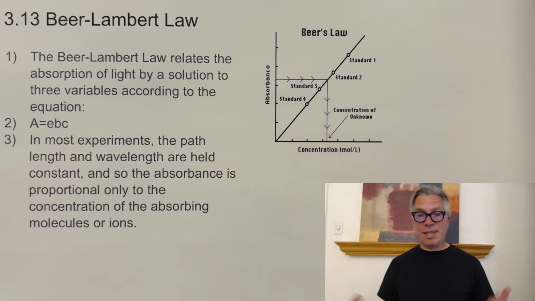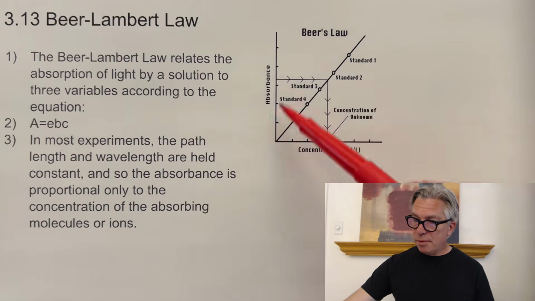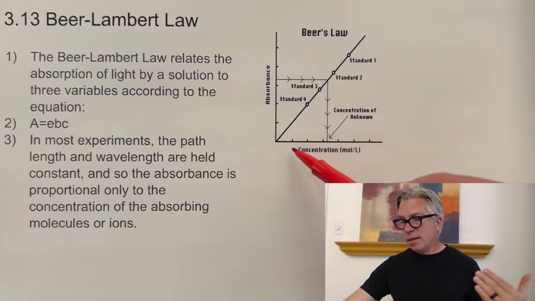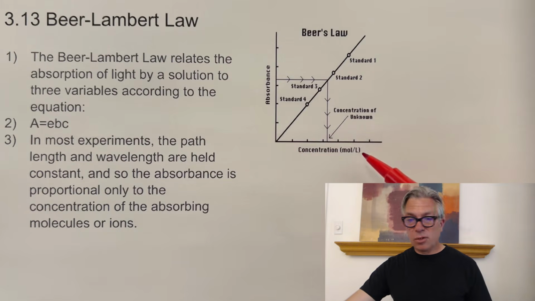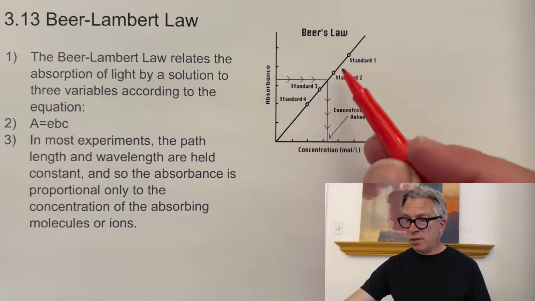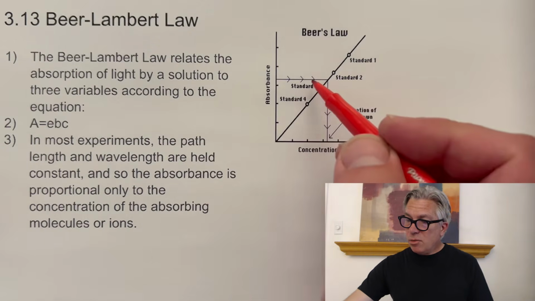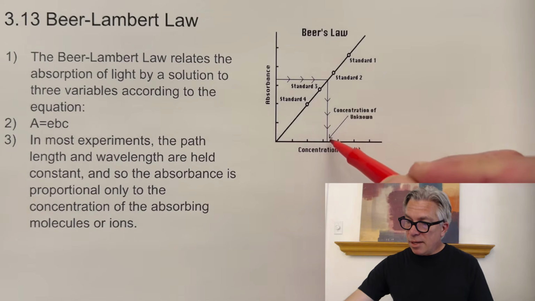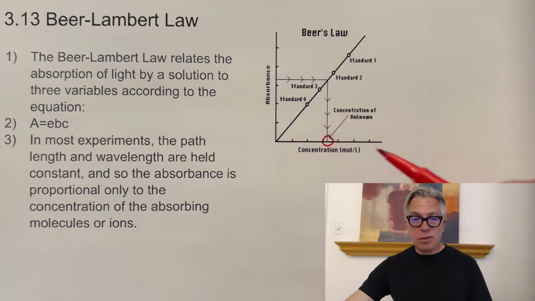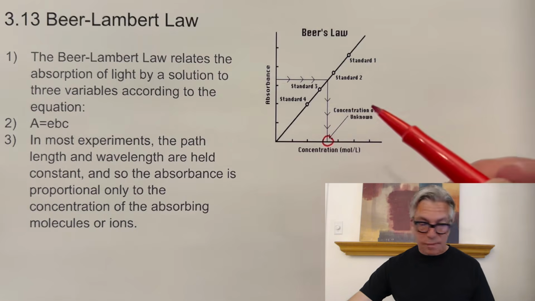This is what Beer's law tells us. It's a linear proportional relationship between the absorbance of a sample, how much it absorbs light, and the concentration in moles per liter. So if we have our known set of standards, and then we run an unknown, we don't know what it is, but we can compare it to the known standards and find its concentration using a graph or the equation for the graph.